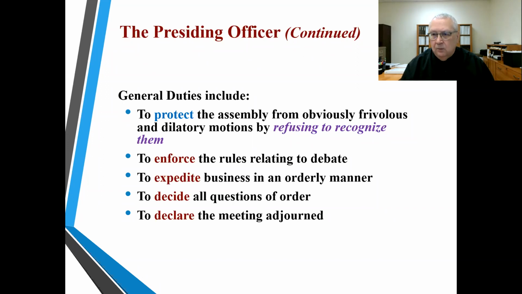We don't need to hear any repetition. Do you have anything new? And if they do, fair enough, go ahead. And I'll do the same to the alternative. But as a chair, I will not allow things just to go in circles. It has to be something new. Otherwise, if I recognize them and they repeat the same issues over and over again, thank you for repeating the same information over and over again.